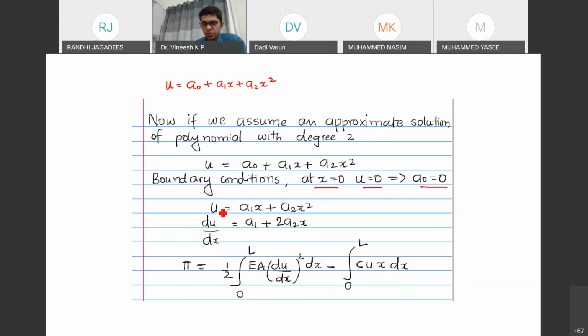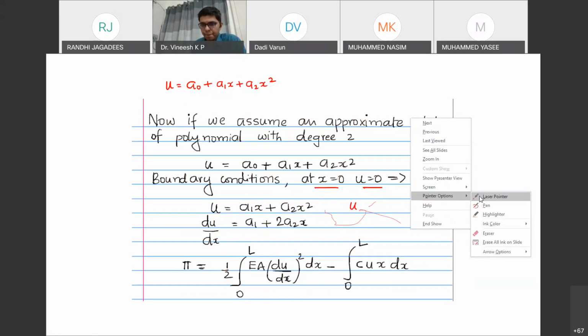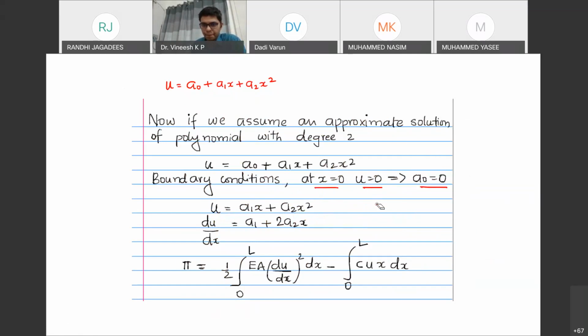So the polynomial function of degree 2 which I need to consider is u is equal to a1x plus a2 x square. So we are considering a polynomial of degree 2.